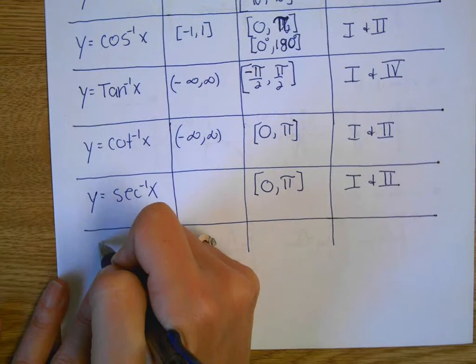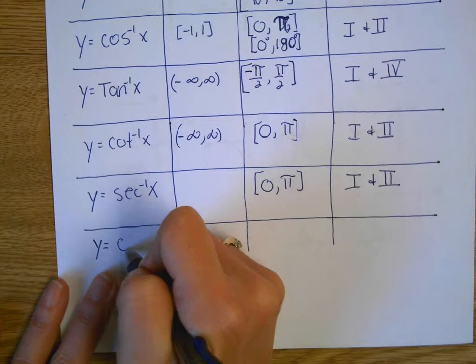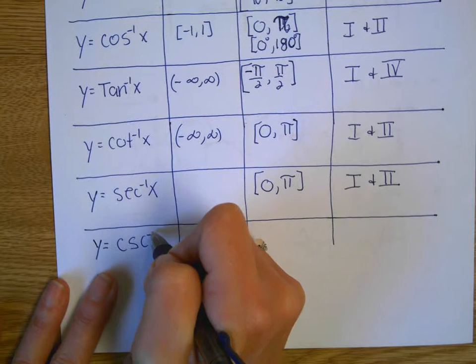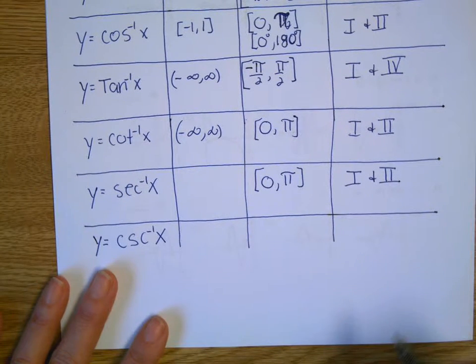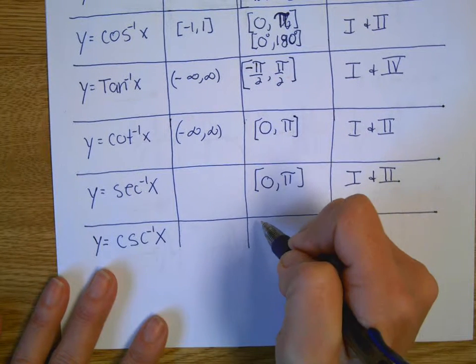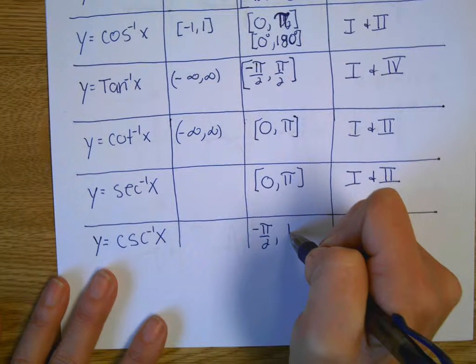And our last one, inverse cosecant, is going to go negative pi over 2 to pi over 2.